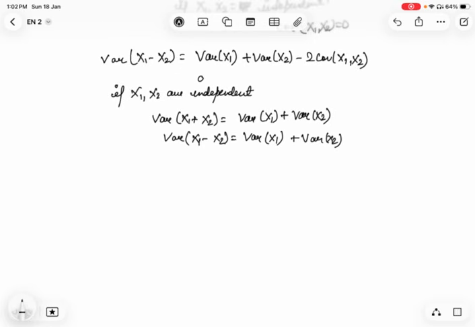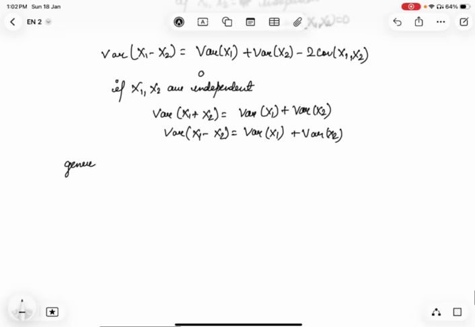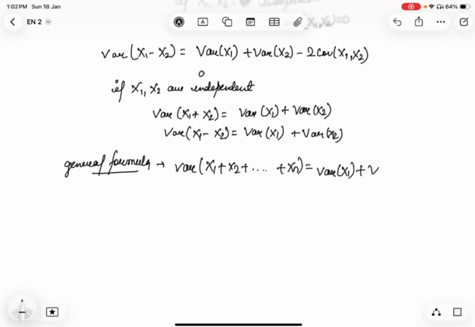Now if we have more than 2 variables, the general formula is variance of the sum of the xi equals the sum of the variances plus 2 times the sum of all the covariances of xi xj, where i is from 1 to n, j is from 1 to n.